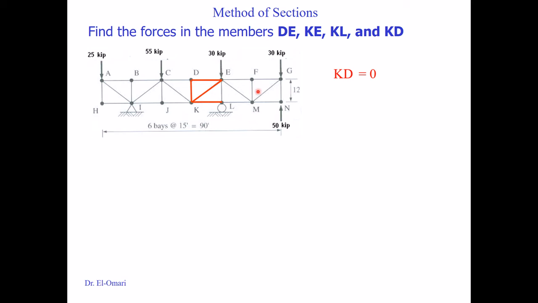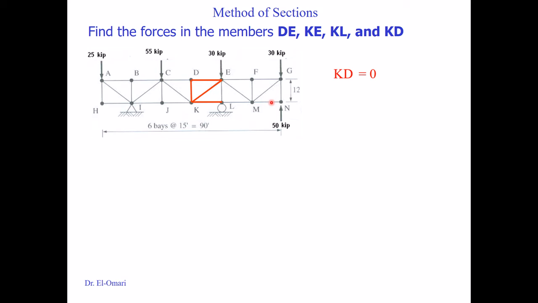First of all, let's start from the very far end. If you look at this member, if this force weren't there, then both of them would have been zero. But having this vertical force, it will be resisted only by this member, which means that this member has nothing to resist, and if you apply the equation of equilibrium, then this is a zero member.